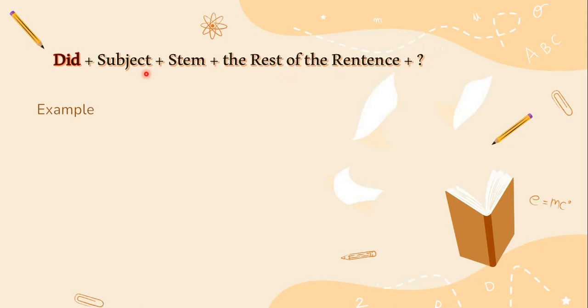In the affirmative sentence we always start with the subject, then the verb. But in the interrogative form, we start with the verb, then the subject. So we make a reversion: we reverse between the verb and the subject.